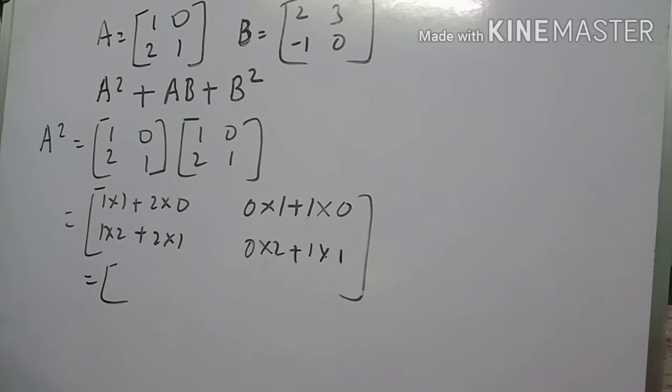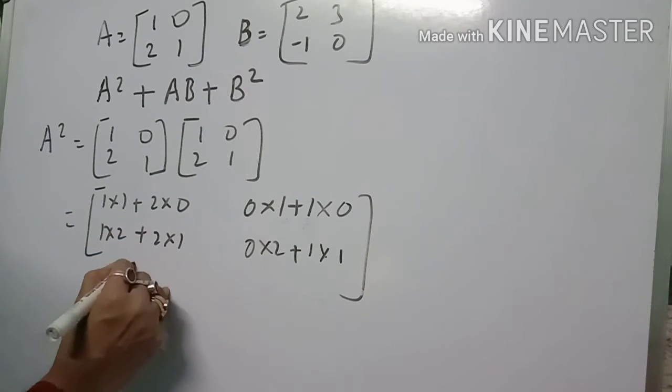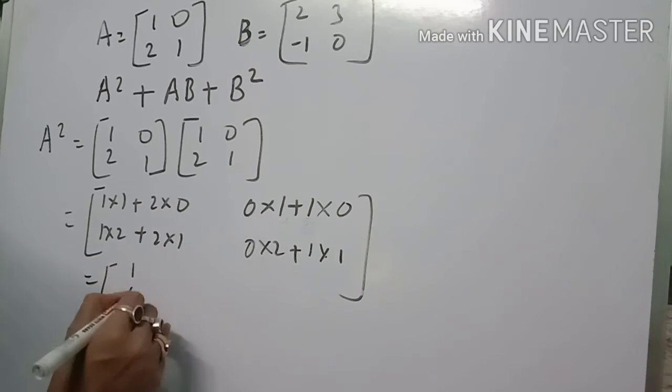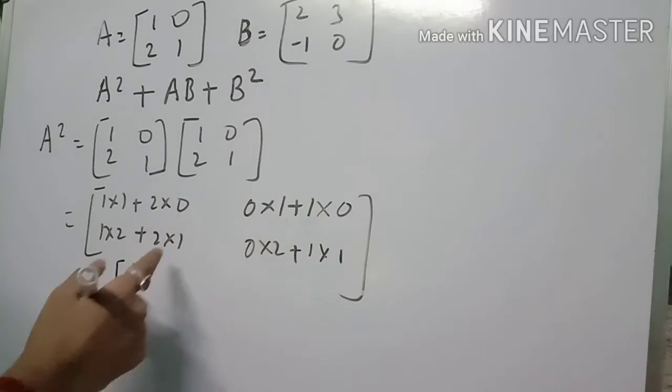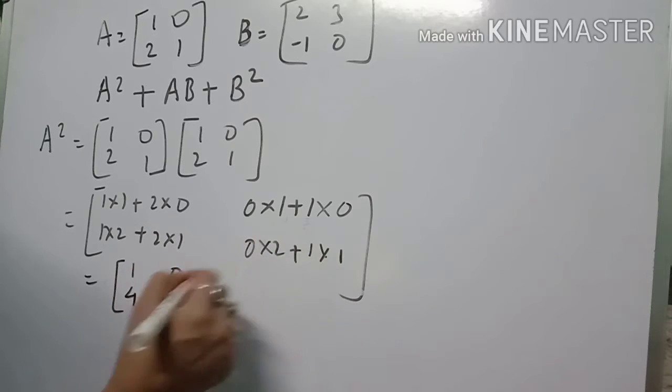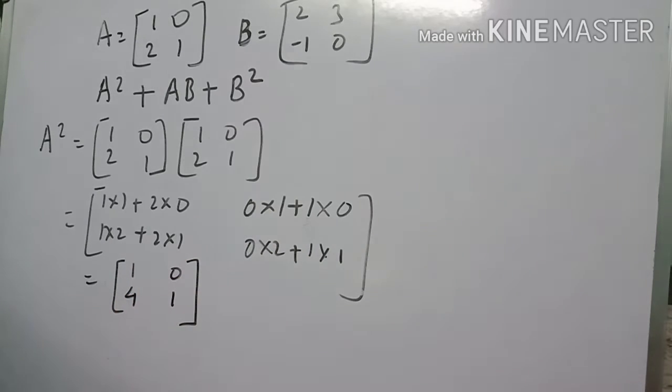So what are we getting? We're getting 1, 2. Clear? We're done with A square. Now let us get B square.